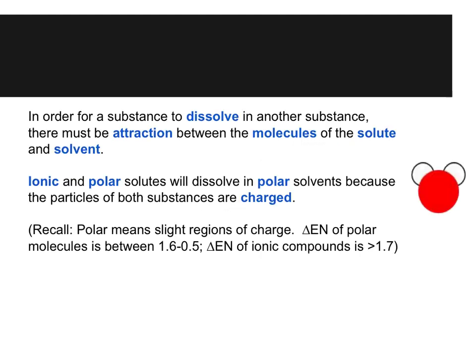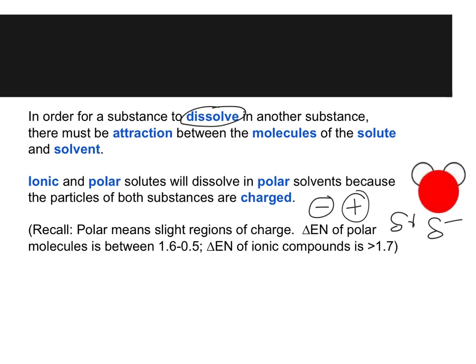So why is this the case? In order for a substance to dissolve in another substance, there must be an attraction between the molecules of the solute and the solvent. Ionic and polar solutes will dissolve in polar solvents because the particles of both substances are charged, whether that is full charges, so full negative and positive charges, or whether it's partial positive and negative charges.